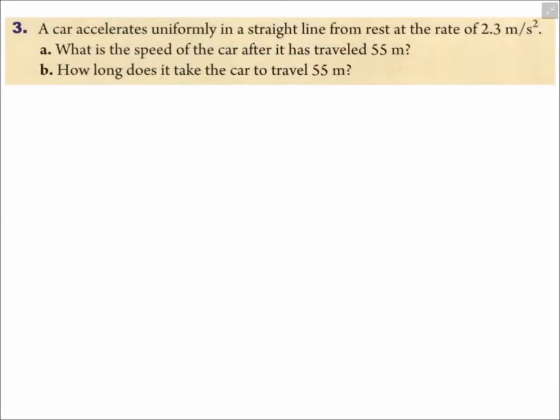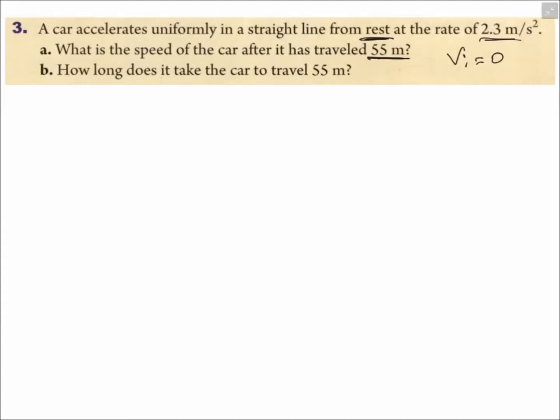In this case, it says a car accelerates uniformly in a straight line from rest. It says from rest, that means initial velocity is 0, at the rate of 2.3 meters per second square. It is the acceleration. What is the speed of the car after it has traveled 55 meters?